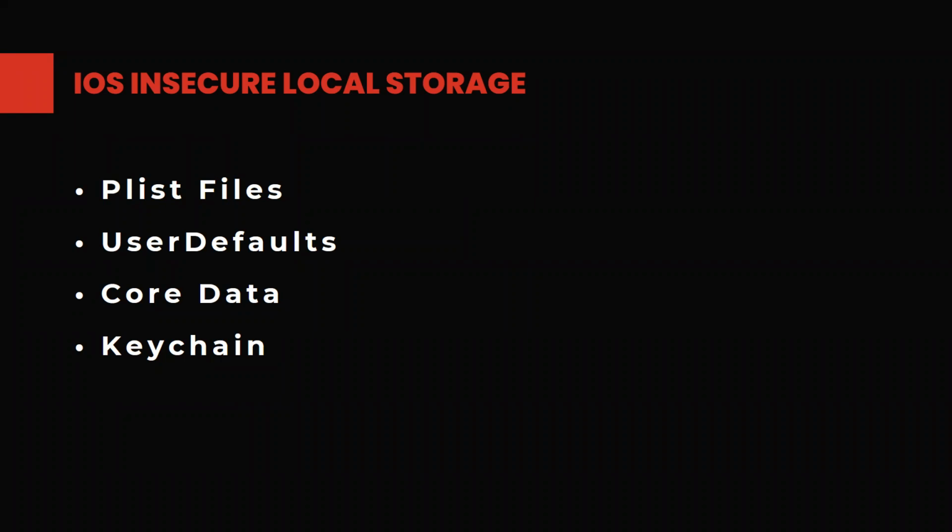The plist file and NSUserDefaults, and the SQL database, is a common client-side database. It's basically a lightweight database in which you can store some data. I'm going to show you how it works in upcoming slides, and how we can interact with it.